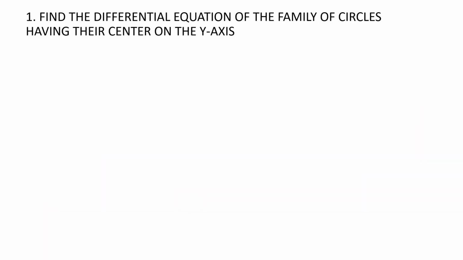Okay, find the equation of the family of circles having their center on the y-axis. Our general equation for the circle is (x - h)^2 + (y - k)^2 = r^2, wherein h and k stand for the center.